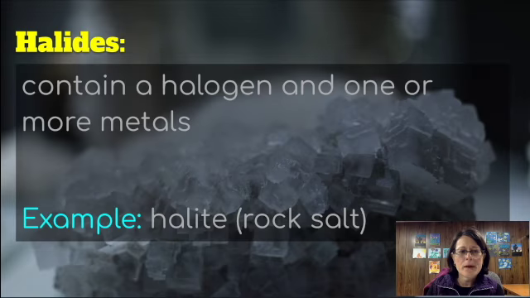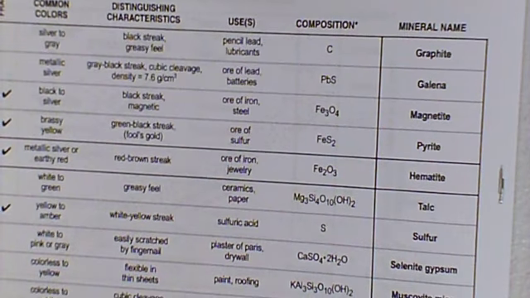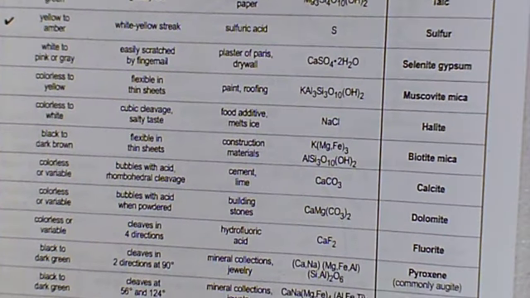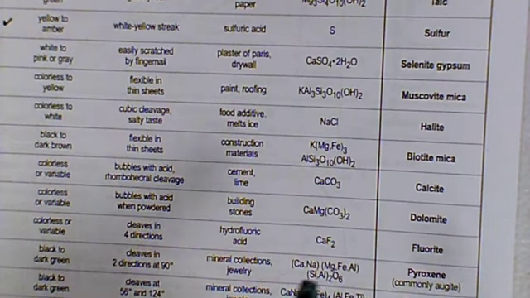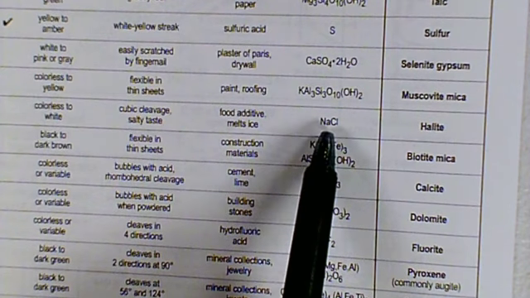Another group are our halides. They contain a halogen and one or more metals. An example is halite, rock salt. So if we go to our reference table, right here, halite, NaCl, okay?